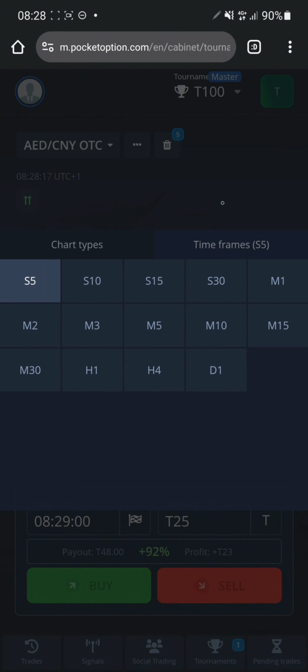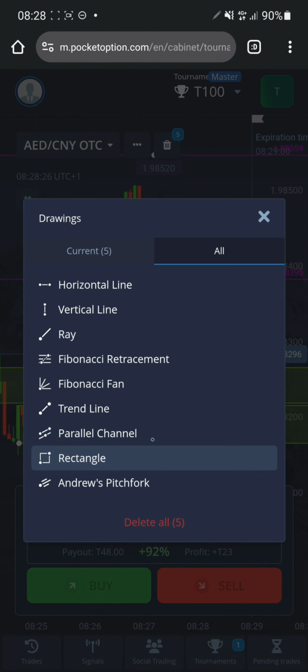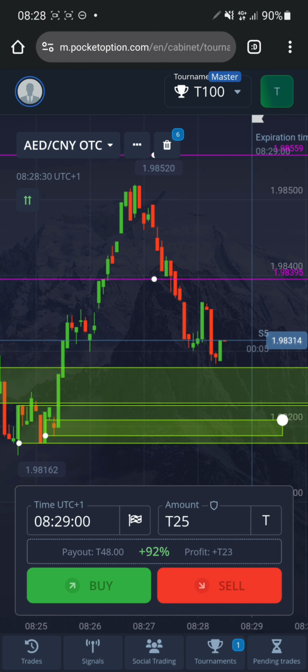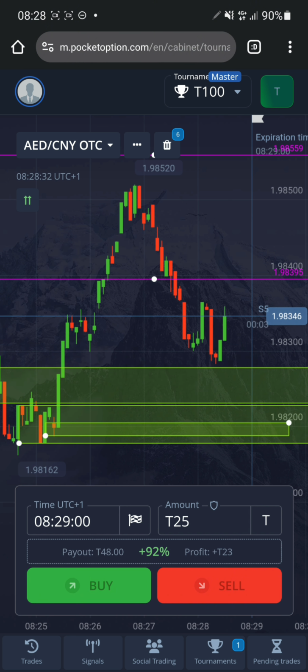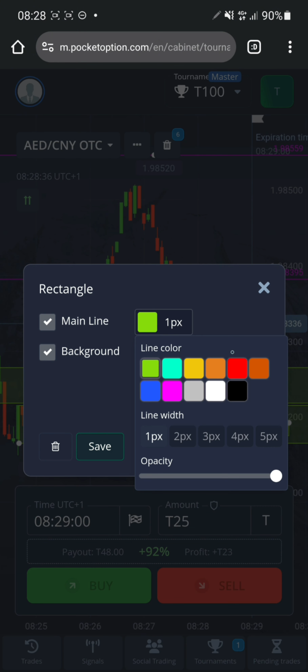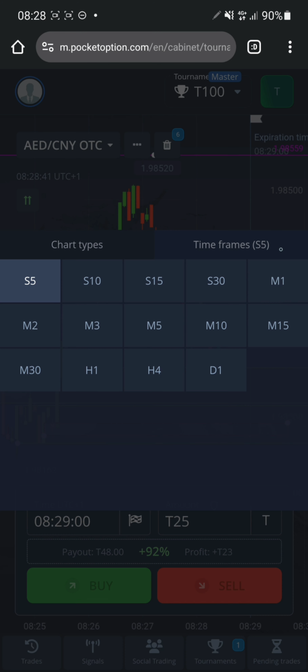S5, let's check S5. Okay, we have a final entry down here at S5. There's a better entry down here. Let's make that trade, save, and go back to M1.